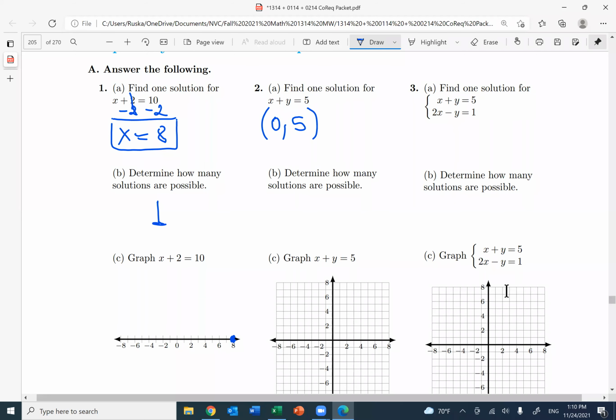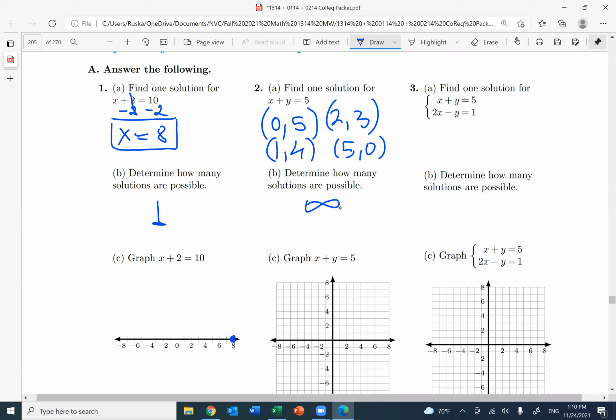You can have 1 and 4, 5 and 0, right? So there are many, many solutions. I'm just going to put an infinite number of solutions, and all the solutions belong to a straight line. All the points on the straight line are also solutions.